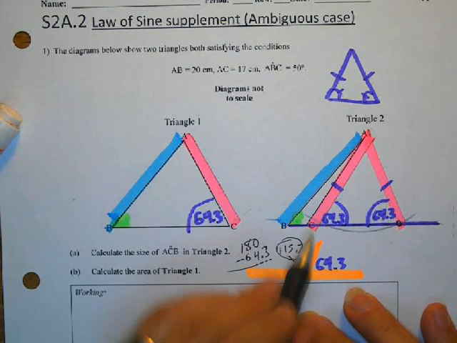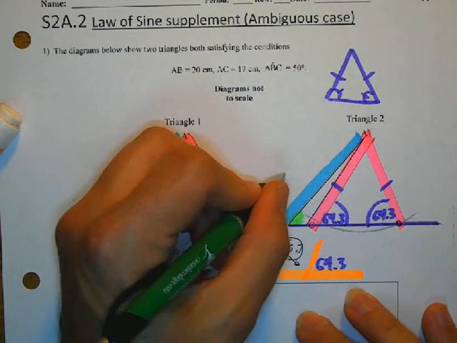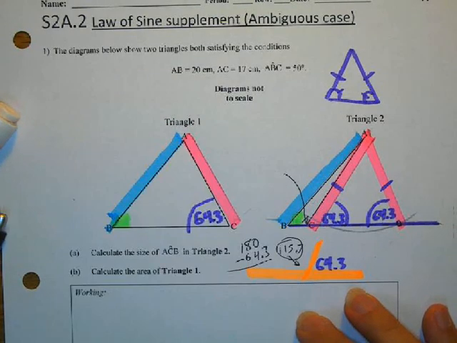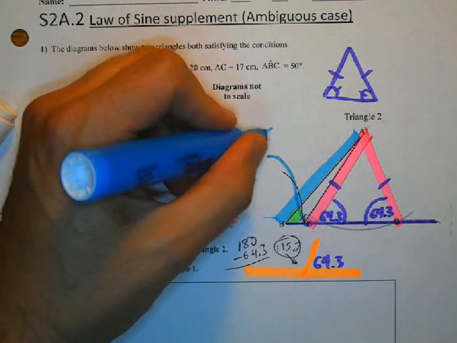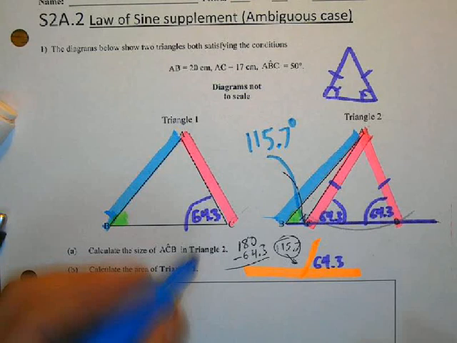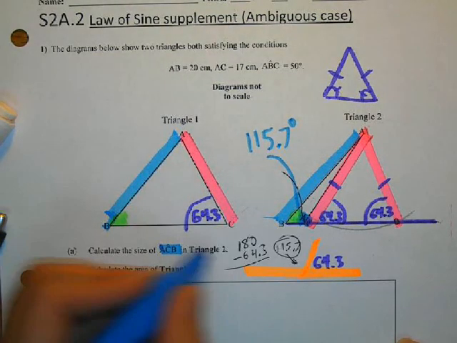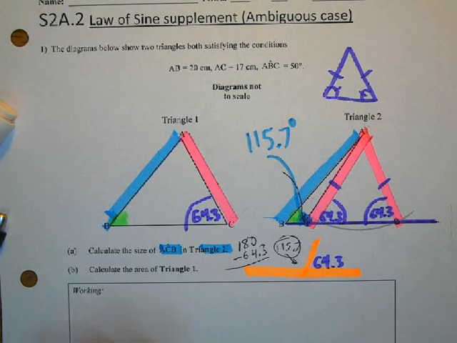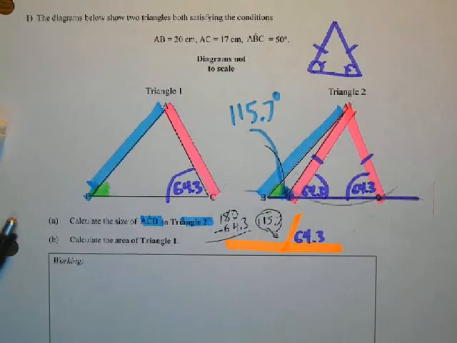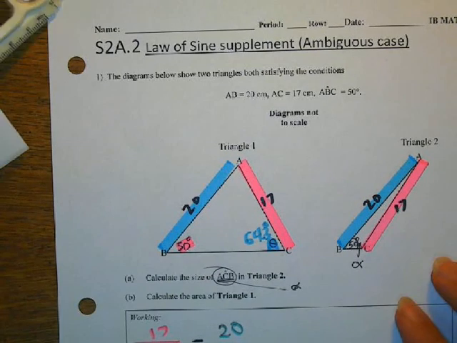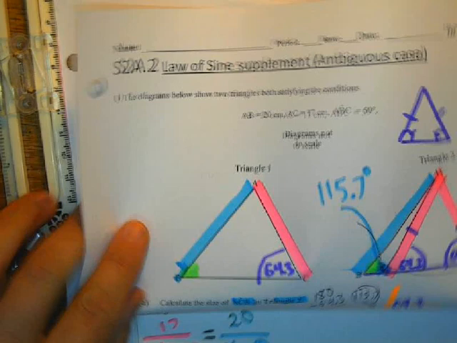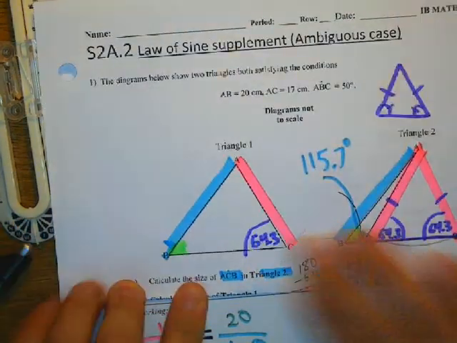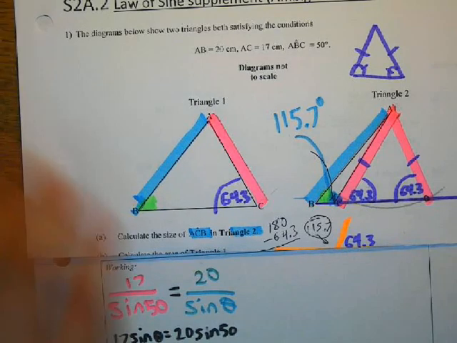So that angle right there is going to be 115.7, and that is the angle of angle C for triangle 2. You could hit pause and rewind to double check your work.